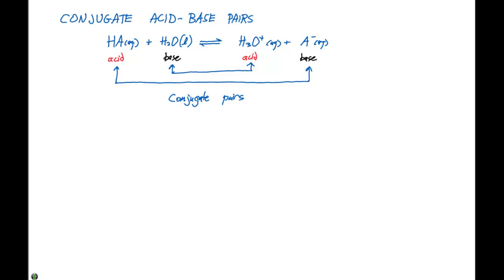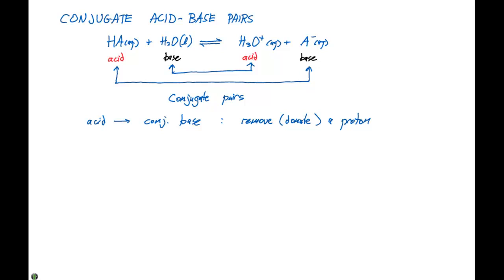Essentially, if we have an acid and we want to go to its conjugate base, we can identify what was removed: we remove or donate a proton. So the acid is HA. When the proton is donated or removed, we get A-.